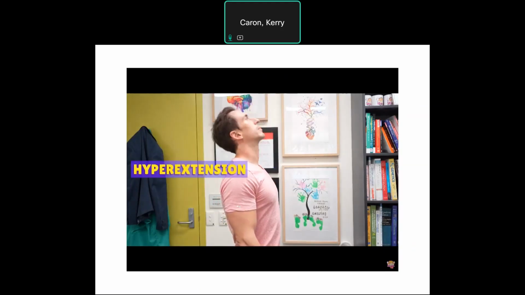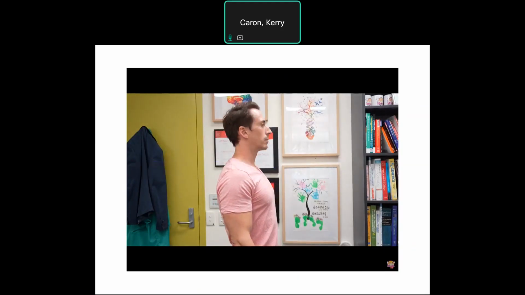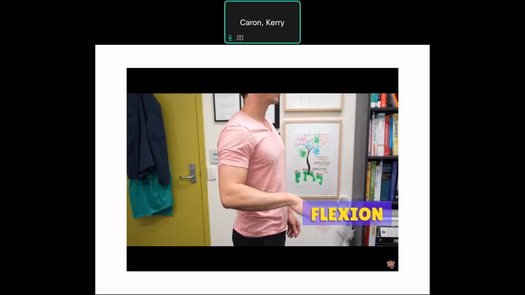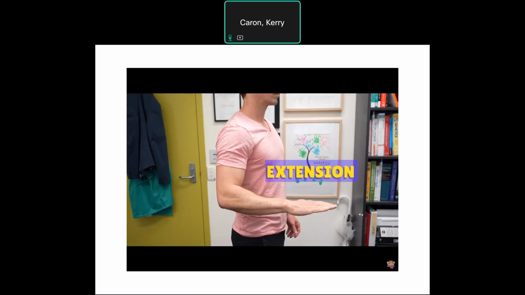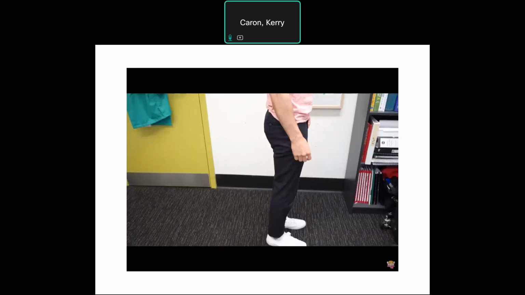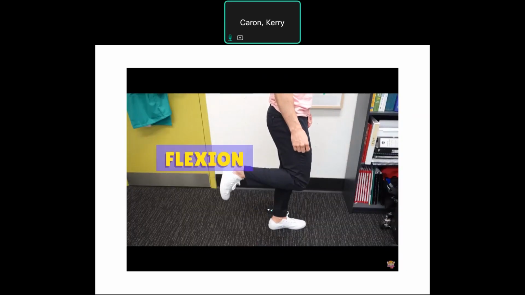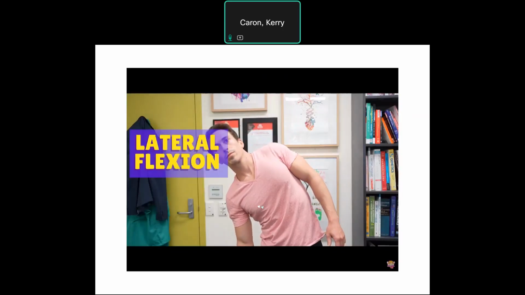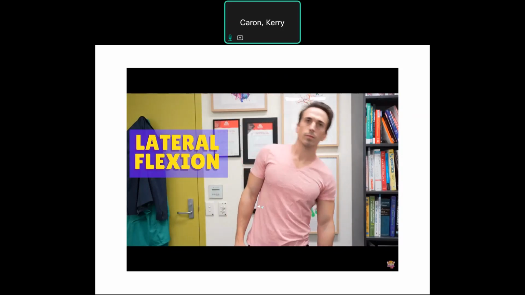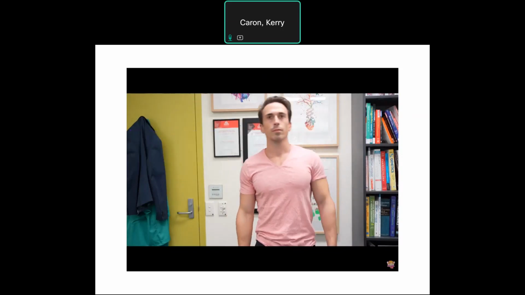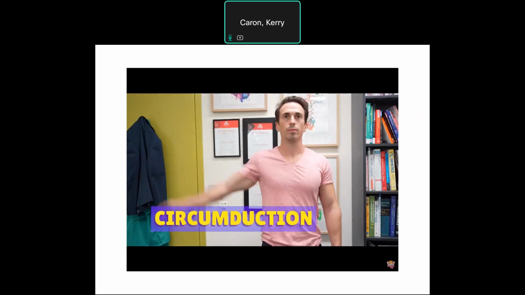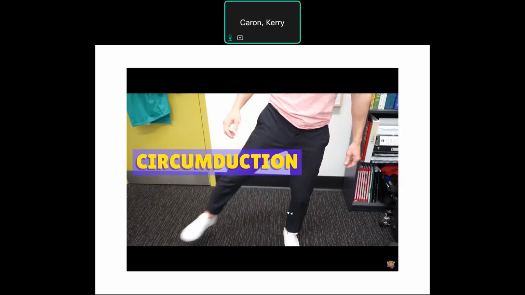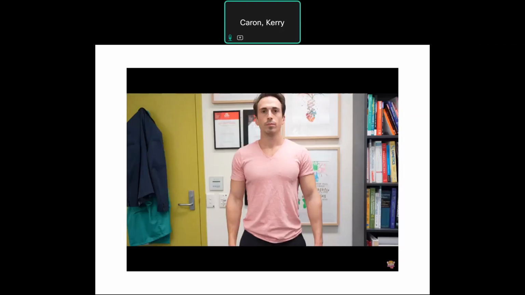Flexion, extension, hyperextension. Lateral flexion. Circumduction. Abduction, adduction.